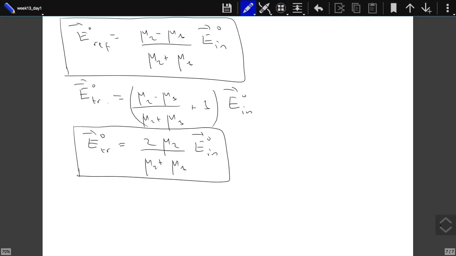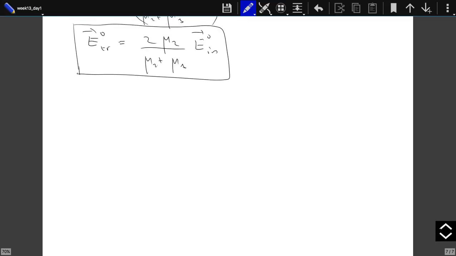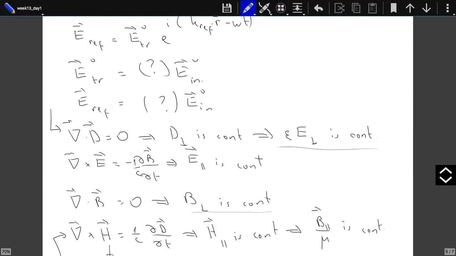Now, when the wave is not perpendicular to the interface, then we will have some epsilon dependencies. Any questions on this?